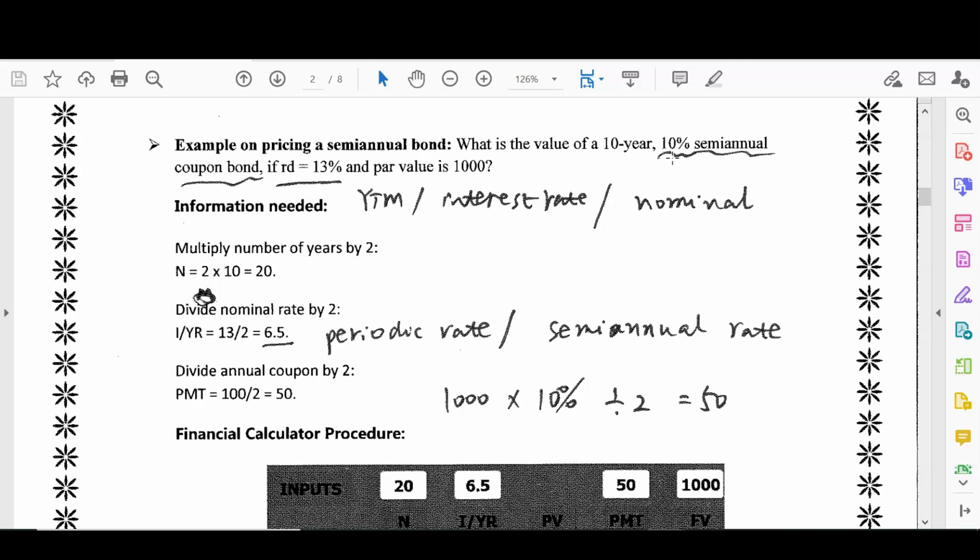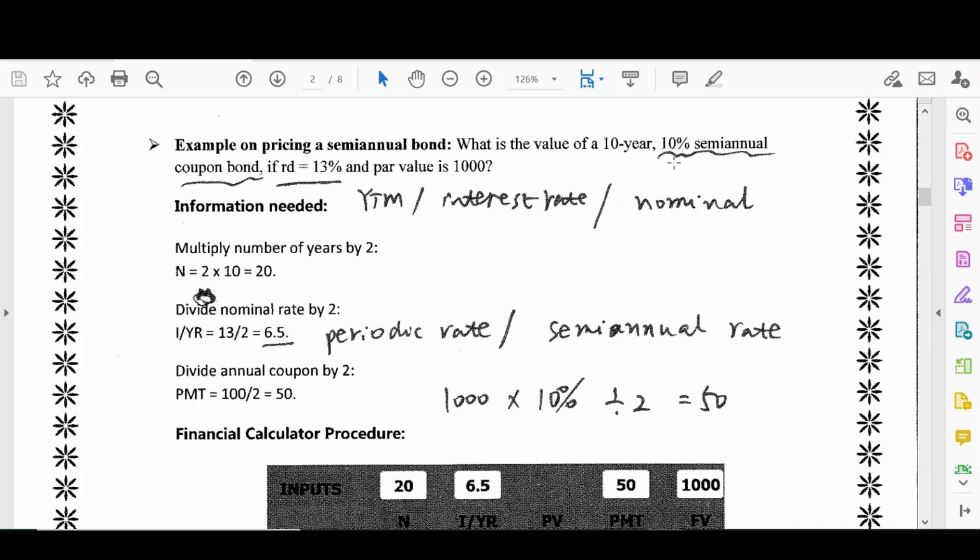This is something people might get confused about, but please remember, any wording like this means that 10% is the nominal annual rate, or nominal annual coupon rate.